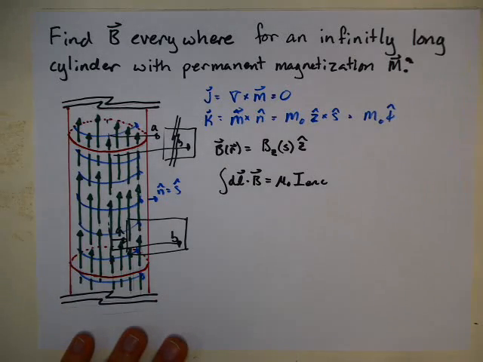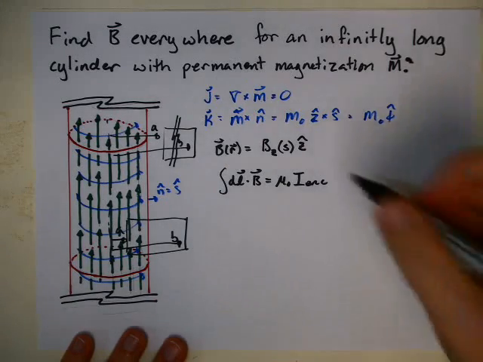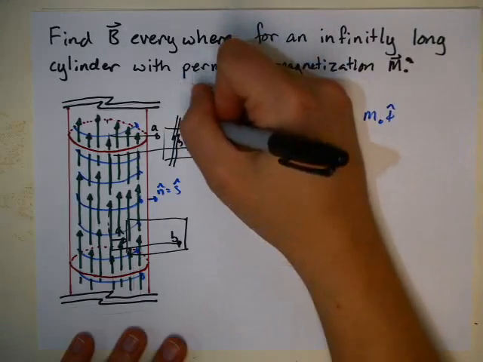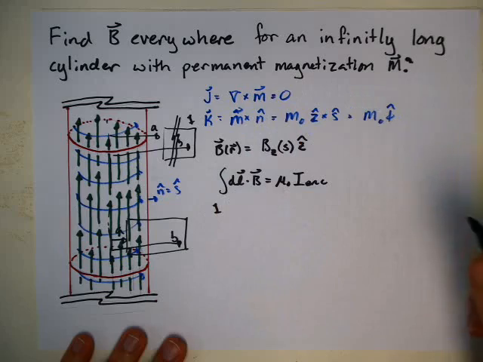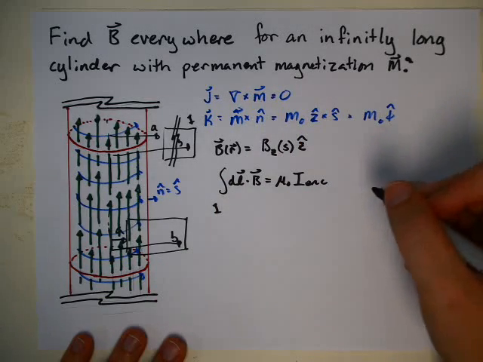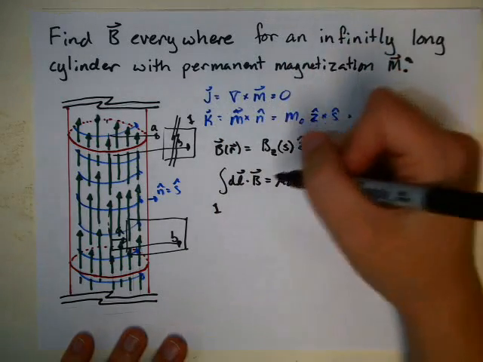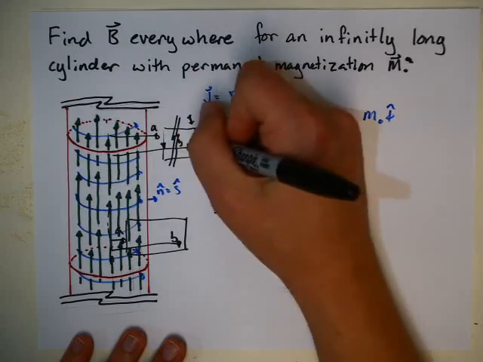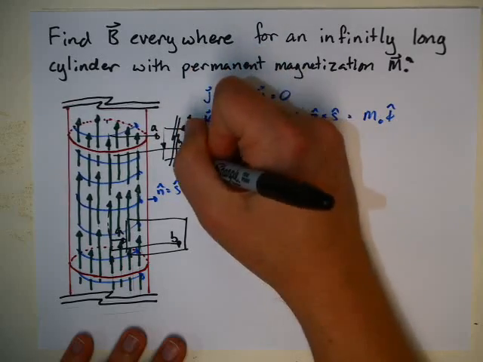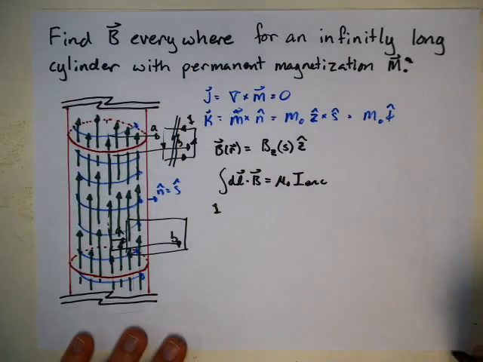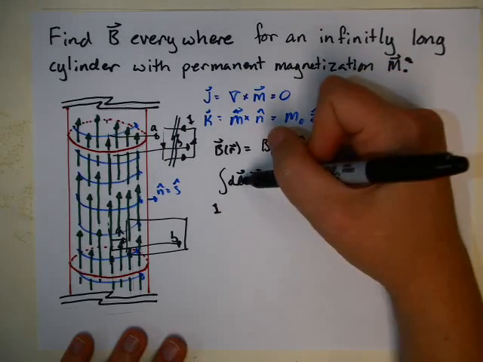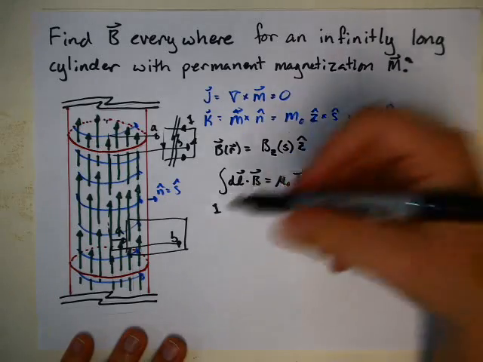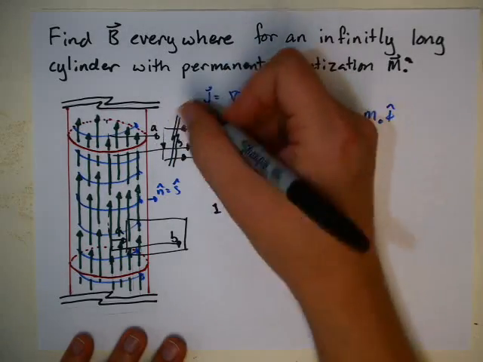Well, on these two integrals, first of all, for this first one, let's call this loop 1. For loop 1, the current enclosed is 0, and we have B in the z hat direction. dl here is going to be either in the z hat or the s hat direction. s hat dot z hat is 0, so the only two contributions will come from these parts.